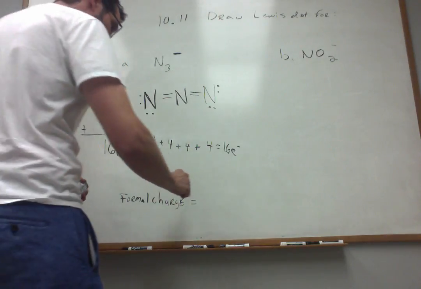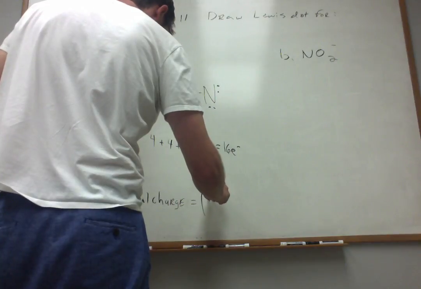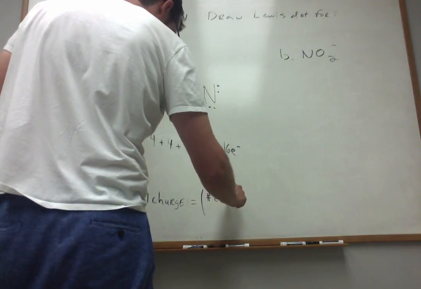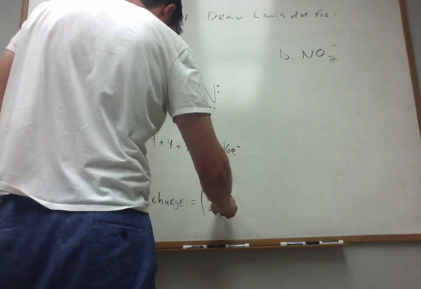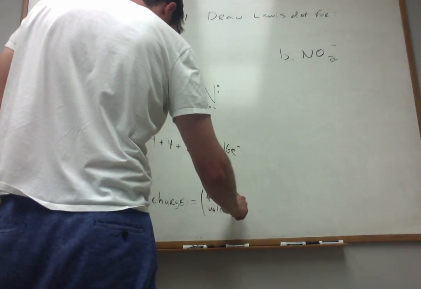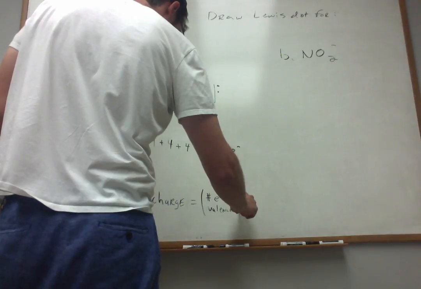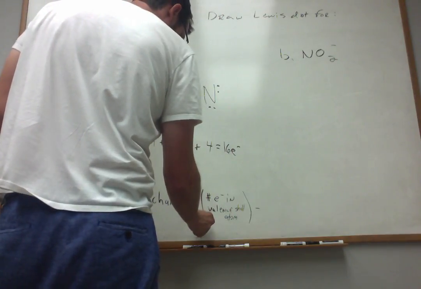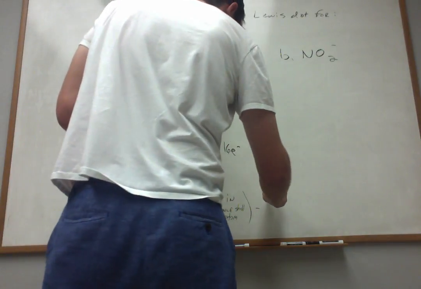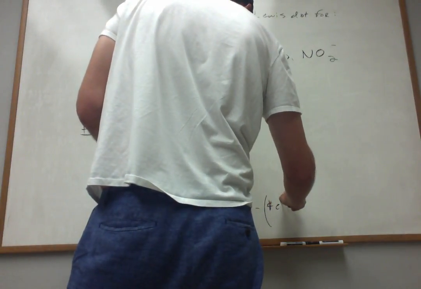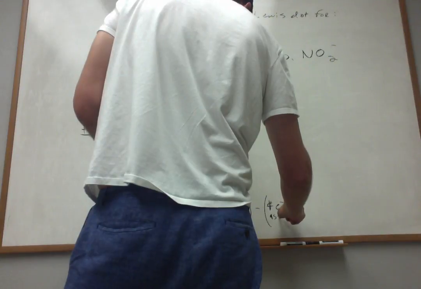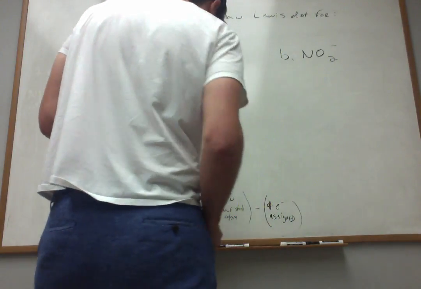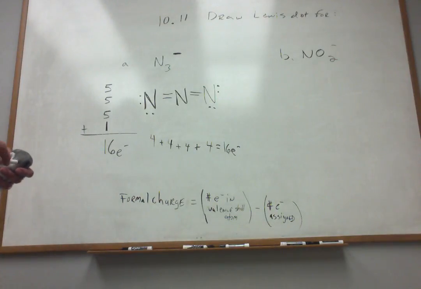Okay, now formal charge calculations: the number of electrons in the valence shell of our atom, which is basically told to us by its position in the periodic table, minus the number of electrons assigned in the Lewis structure. That's basically how I compute this, okay?